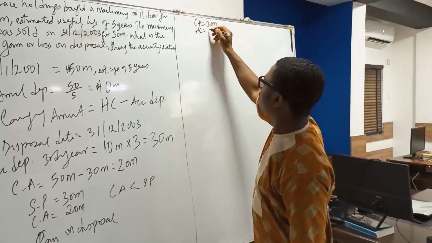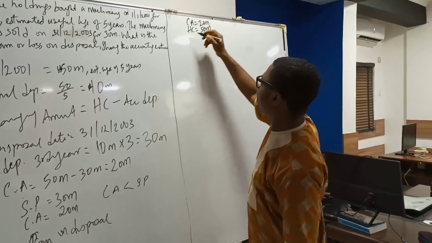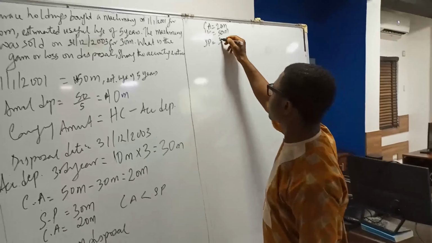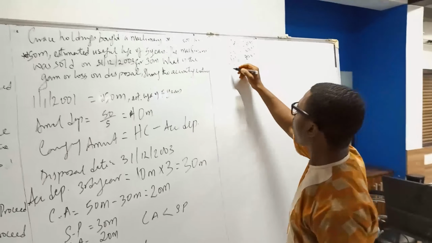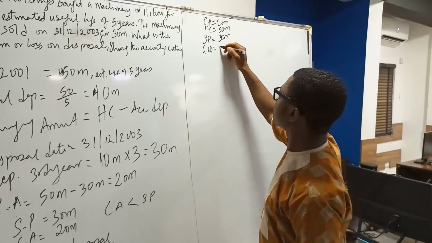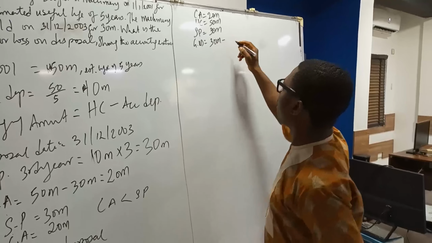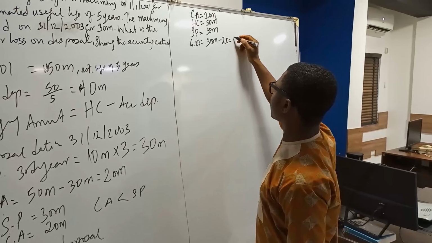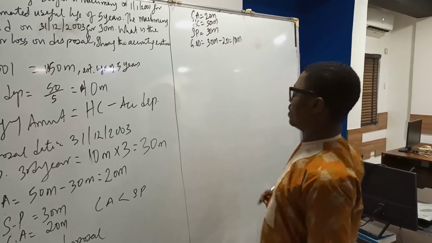Our historical cost is 50 million naira. The sales proceed is 30 million naira. The gain on disposal will be sales proceed, 30 million naira, minus carrying amount, 20 million naira, which gives us 10 million naira.